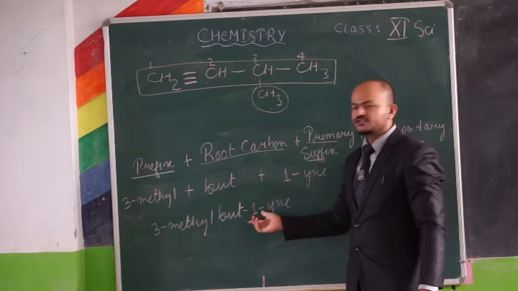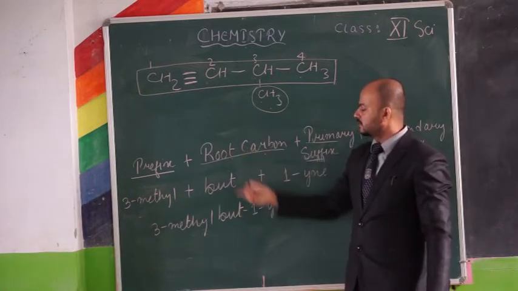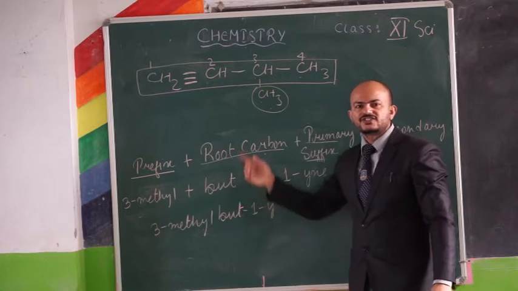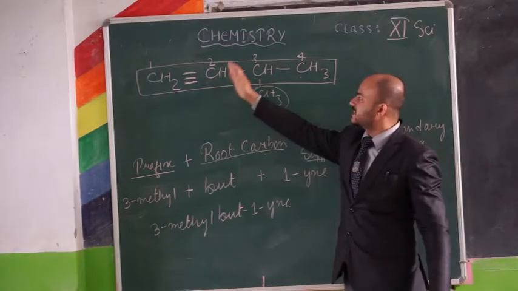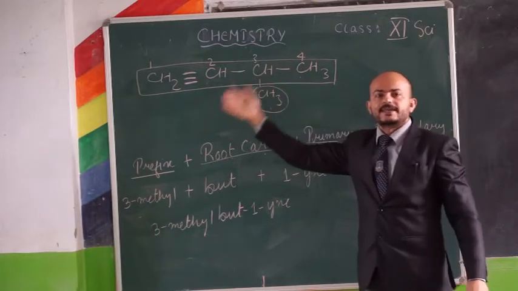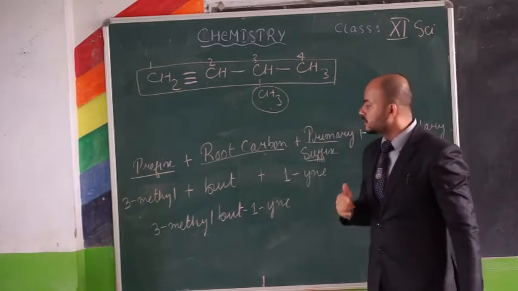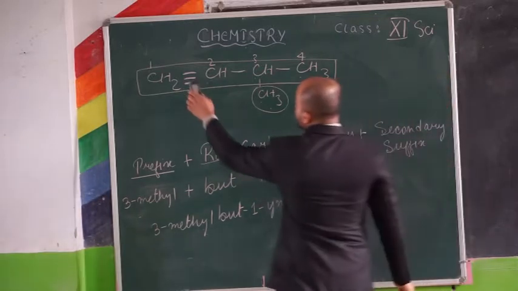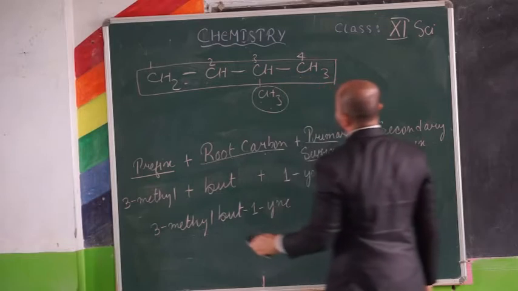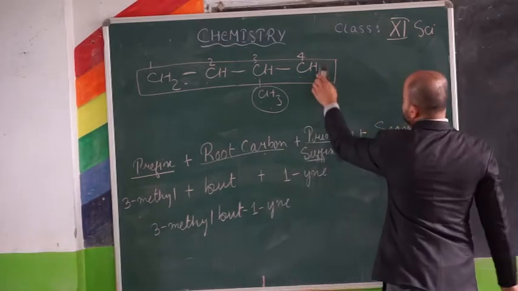Either you can mention the position of this triple bond, or if you don't mention it at carbon number 1, that's also correct. But if the triple bond is present at another position like 2, 3, then you have to always mention the position of the triple bond. Now, let's take the compound with a certain functional group. Suppose the functional group is present here.